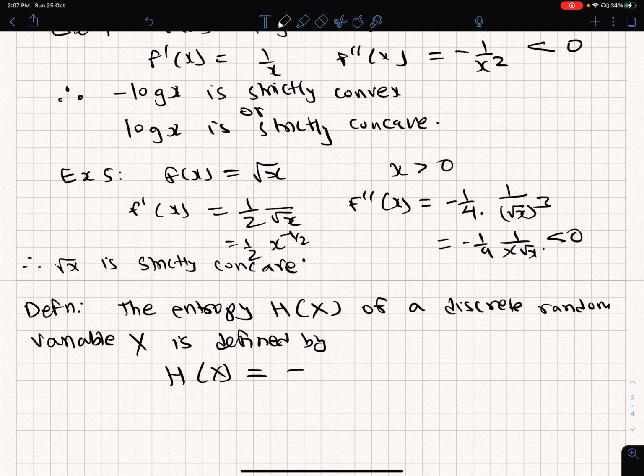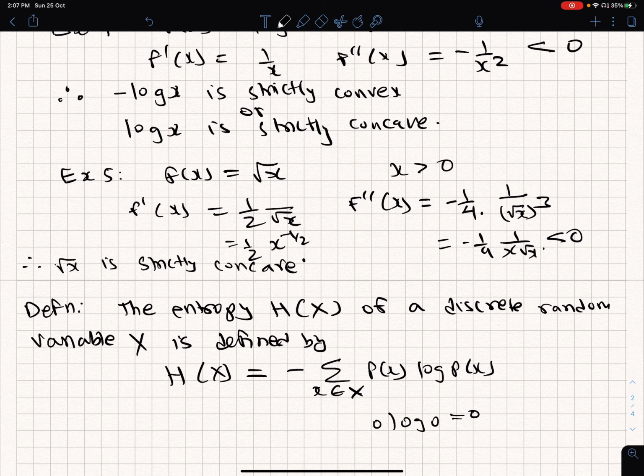This is from Cover and Thomas. You can see that this logarithm is, I think, for base 2, and by convention we define 0 log 0 to be 0.